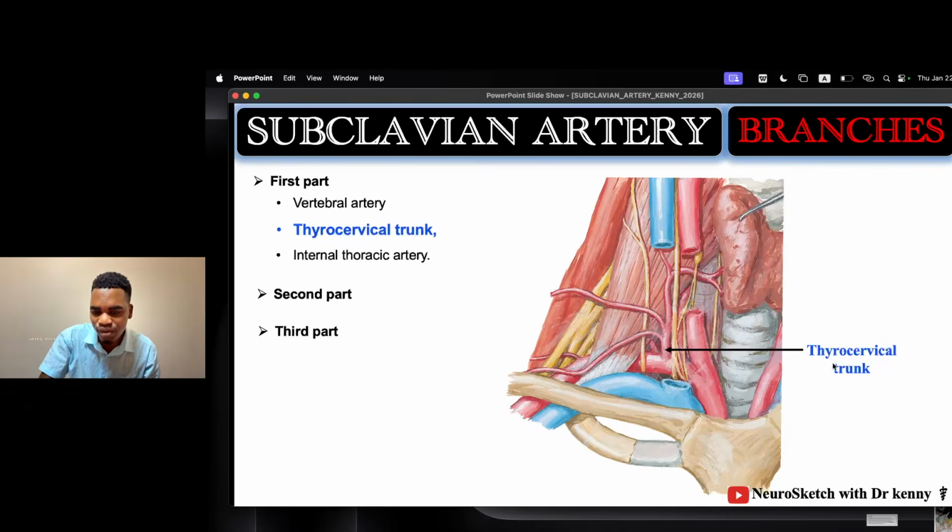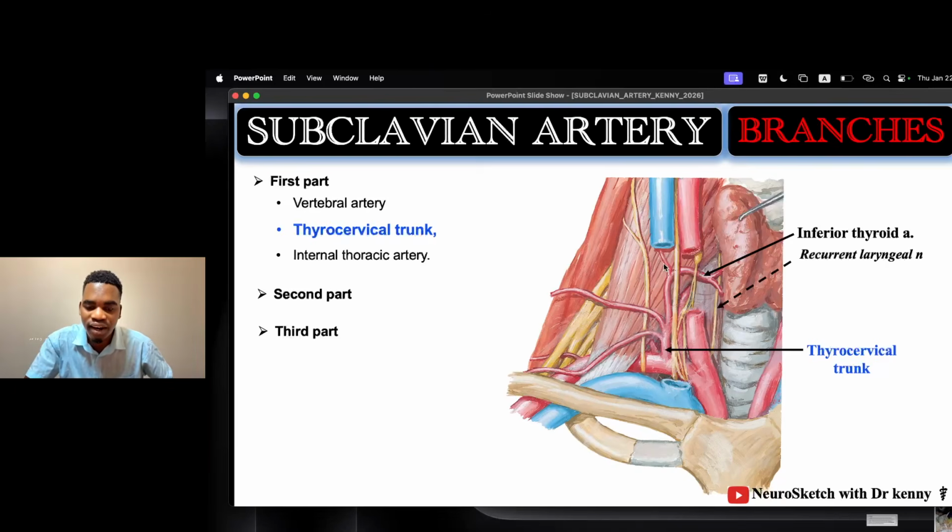It has a branch that is going to the thyroid, and because this artery is supplying the inferior part of the thyroid, it is called the inferior thyroid artery, the very first branch from the thyrocervical trunk. But thyrocervical means it also has cervical branches, right? So this artery here is called the anterior cervical trunk.